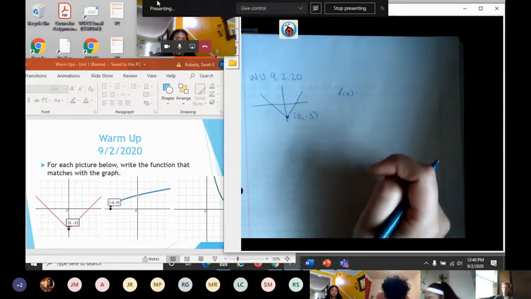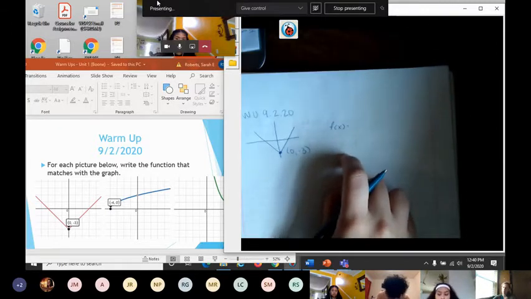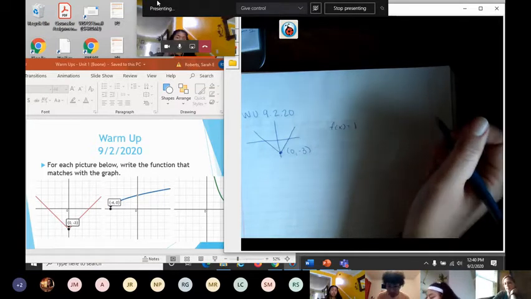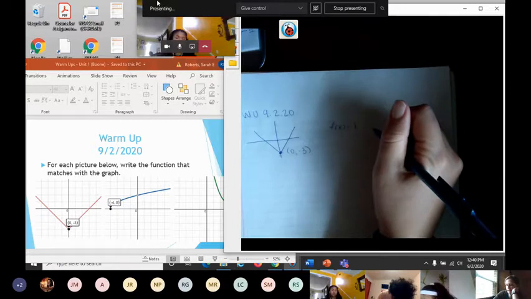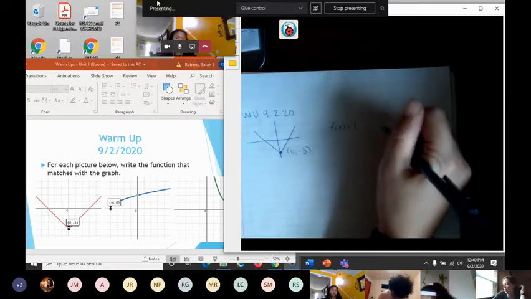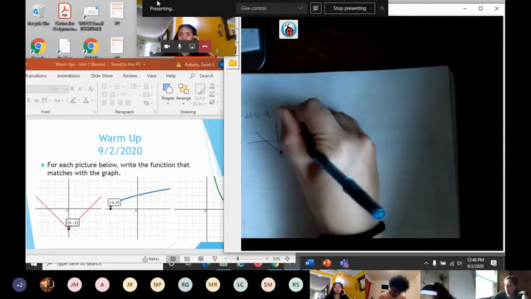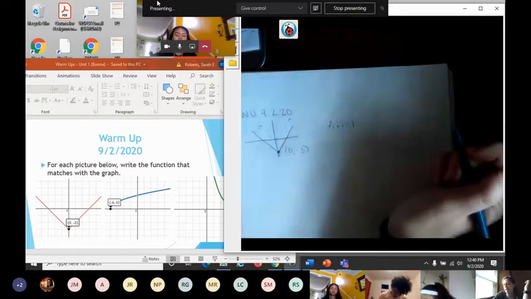Y equals the absolute value, yeah. -3. You're going to have an x in there. Is it shifted left or right at all? No. So the original graph is like this, right? And you're correct, it is not shifted left or right.